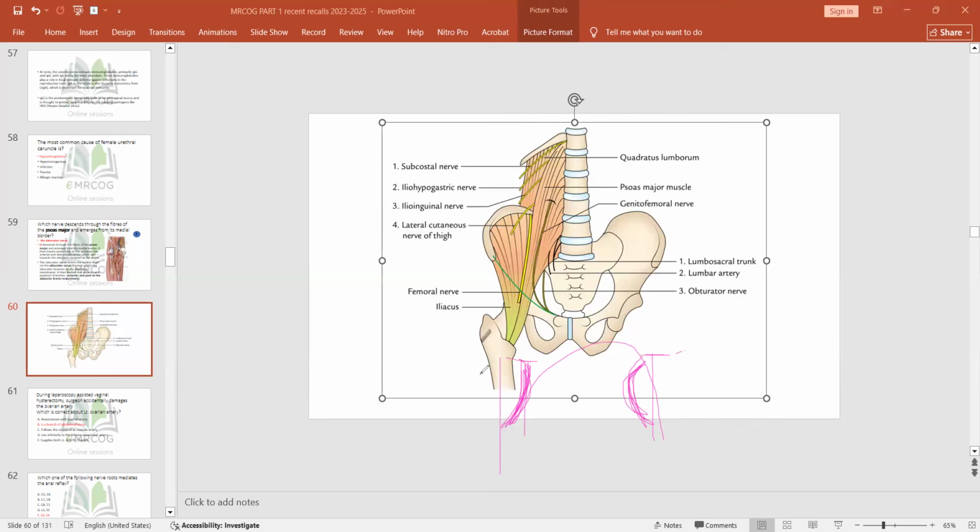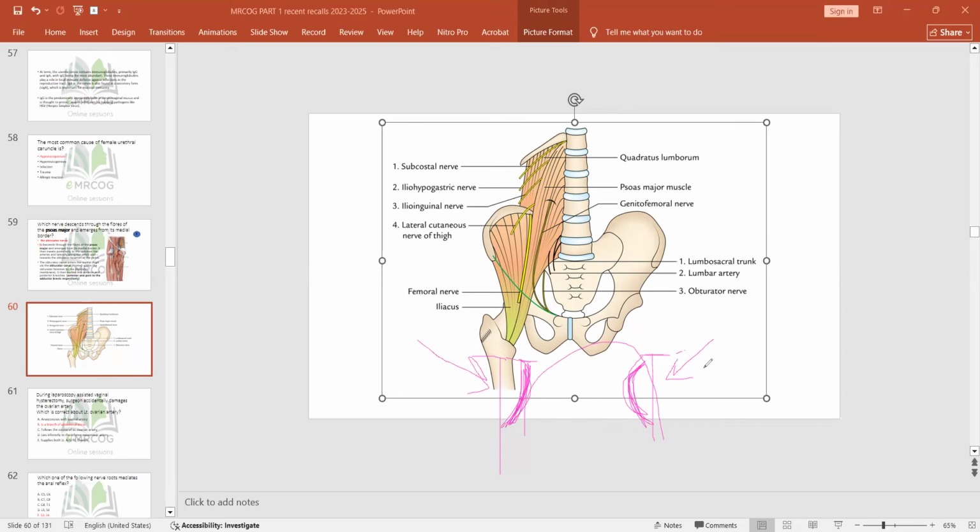Who can tell me which nerve is responsible for the sensation of the lateral part of the thigh? Lateral cutaneous nerve of the thigh. Duh.